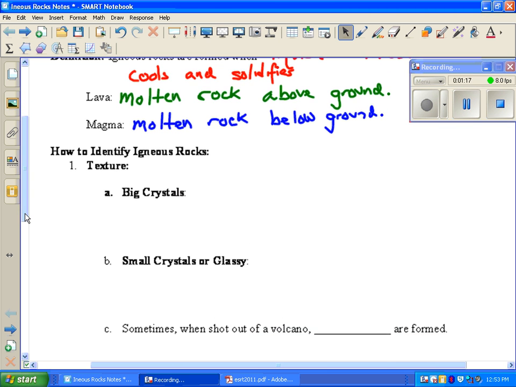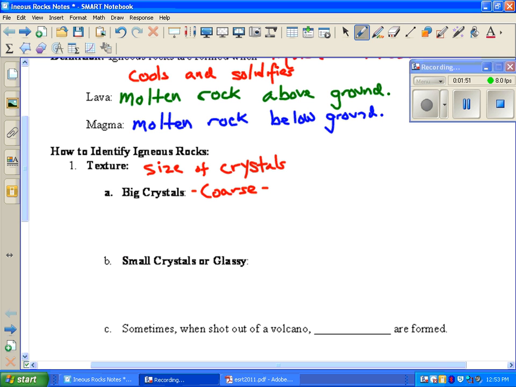Now, when we identify igneous rocks, we're going to look for two things. We are going to look at the texture, and the texture is basically just the size of the crystals. Now, if it has big crystals, we say its texture is coarse, because it's going to be really rough and bumpy because it has those big crystals in it.